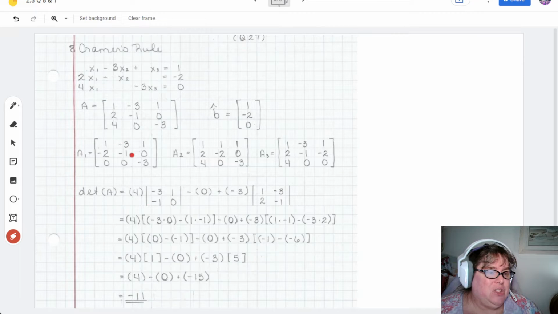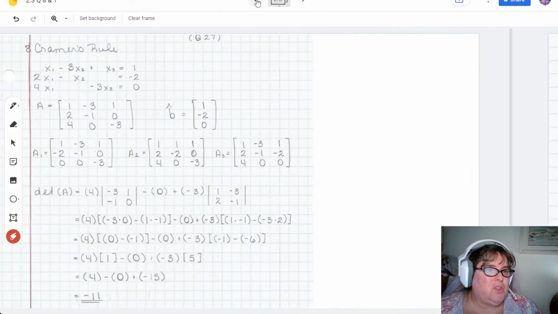And then I used the cross products of the remaining rows. The second one is a 0. In the third one, we have the cross product of these numbers right here. And we solve that, we get a determinant of -11.